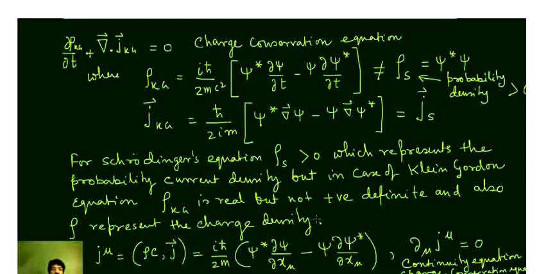Now you can do one thing, you can integrate this equation through all space, make a volume integral through all space and allow this current density to vanish at infinity.